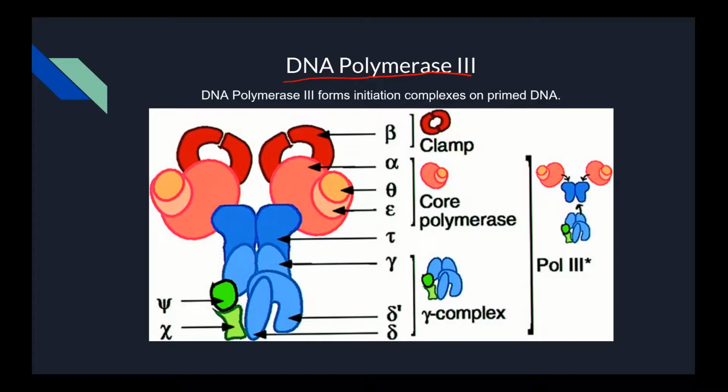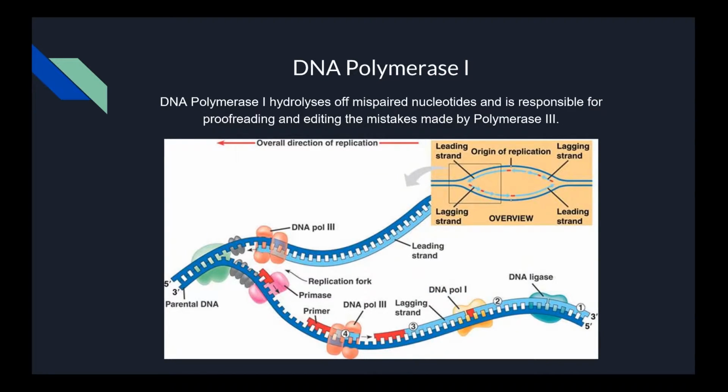In case you're interested, here is again a 3D model, if you will, of the enzyme and some of the more specific portions of it, each with their own unique responsibilities in the process of adding those bases. So more than welcome to go ahead and do some research on that in case you're interested. We then ended with DNA polymerase 1, which went ahead and did the proofreading and replaced that primer we'd started off with, which was RNA. We needed that to be DNA, so it goes back and fixes that.